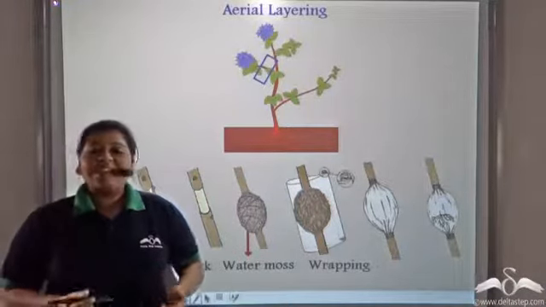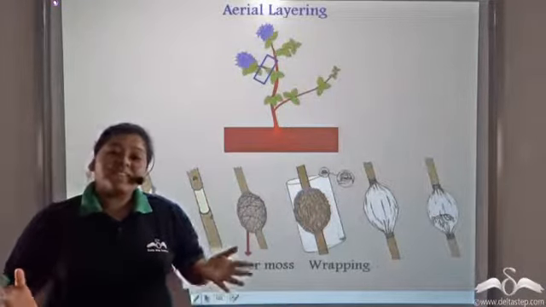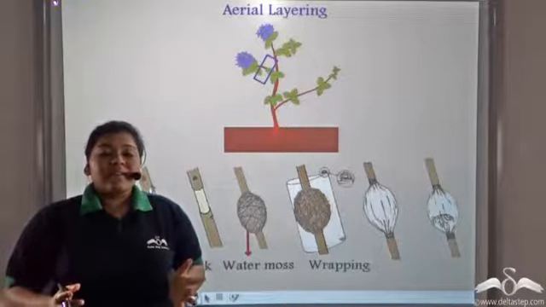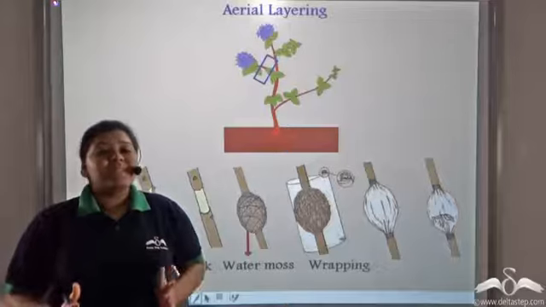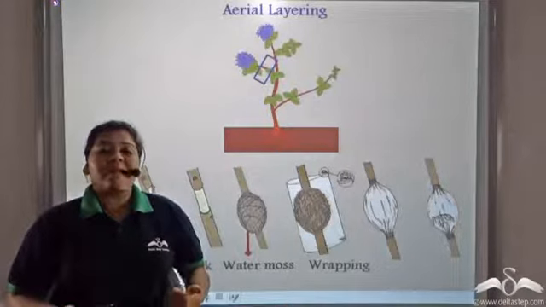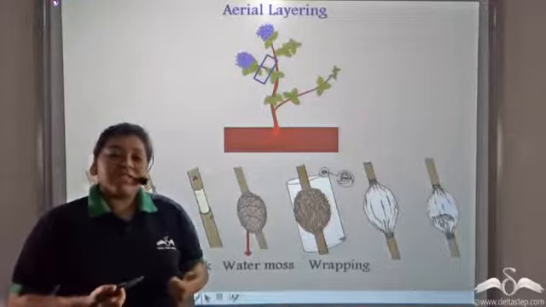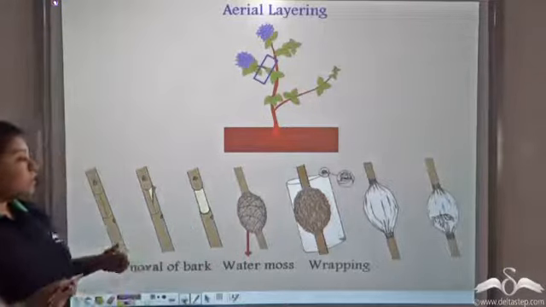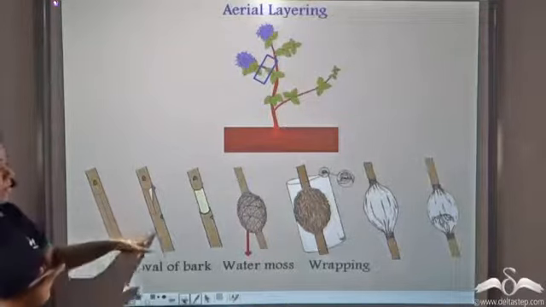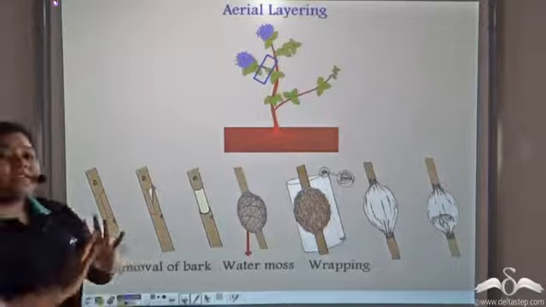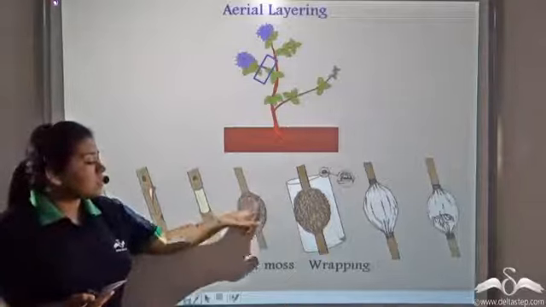in layering, it is not necessary that soil is required. The vegetative part has to be covered with any substance that can provide that part with water. So, what we can do is we can remove the bark of a stem and then wrap it with a water moss.